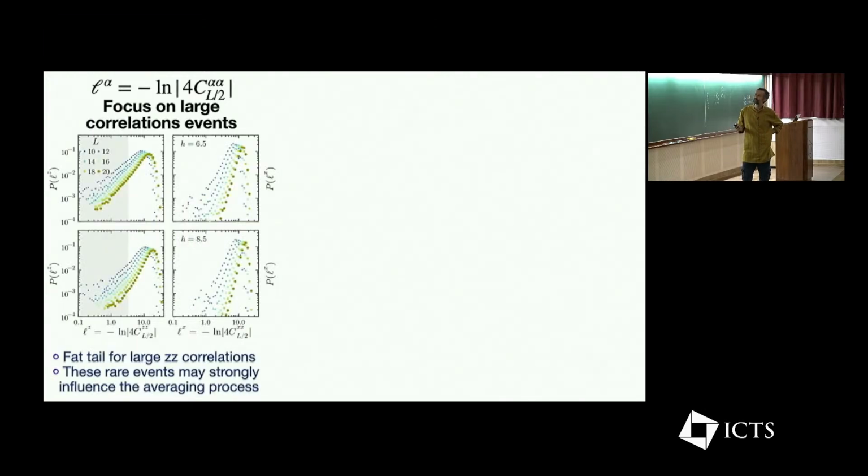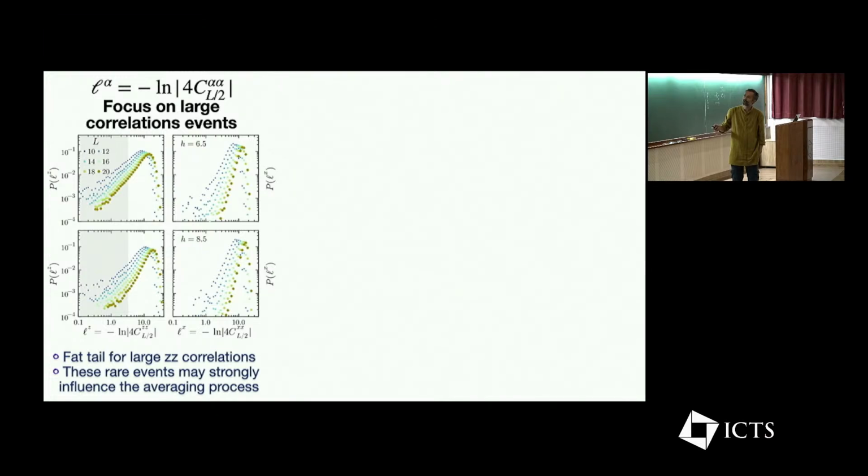Instead of looking at just the log of C, we multiply by 4 and take the log. So if you do that, the big correlations mean log of something close to 1, so this object in log scale will spread over a much larger regime. These are the large correlation regime here, this gray area.